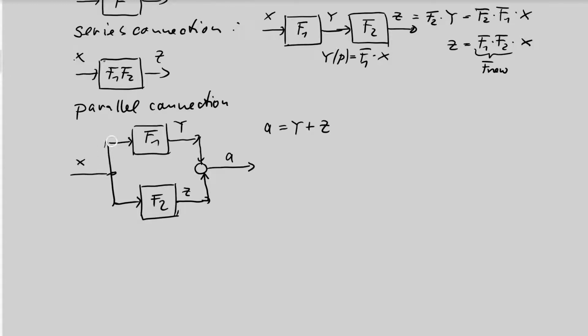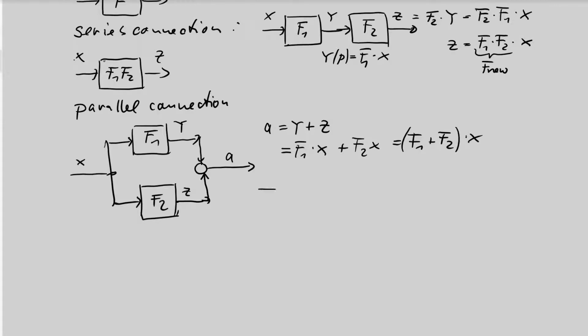Each branch can have a minus sign, an inverter, and this leads to a minus sign in the equation. So Y is F1 times X, and Z is F2 times X. You see, then the resulting function is F1 plus F2 times X.